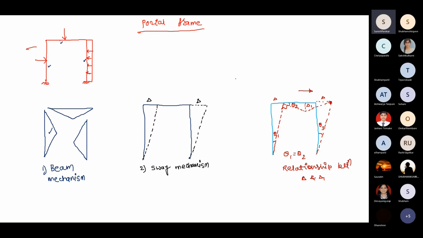If you have sway on the left side, then your hinge will be formed on the left side. But in most problems, we have sway on the right side. We don't have to search for that. So we will assume sway on the right side and solve the problems. This third is known as combined mechanism.